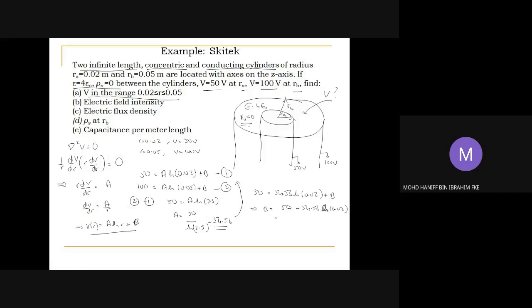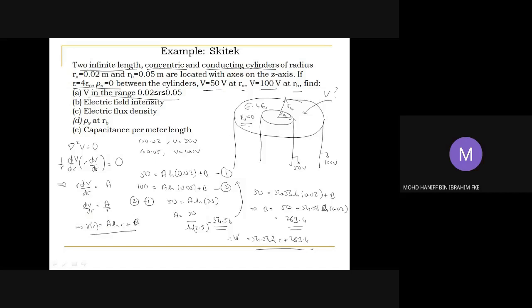Using a calculator, B is 263.4. So as such, we have V equals 54.56 ln of r plus 263.4 in volt. Sorry, I need to write this as V of r again.